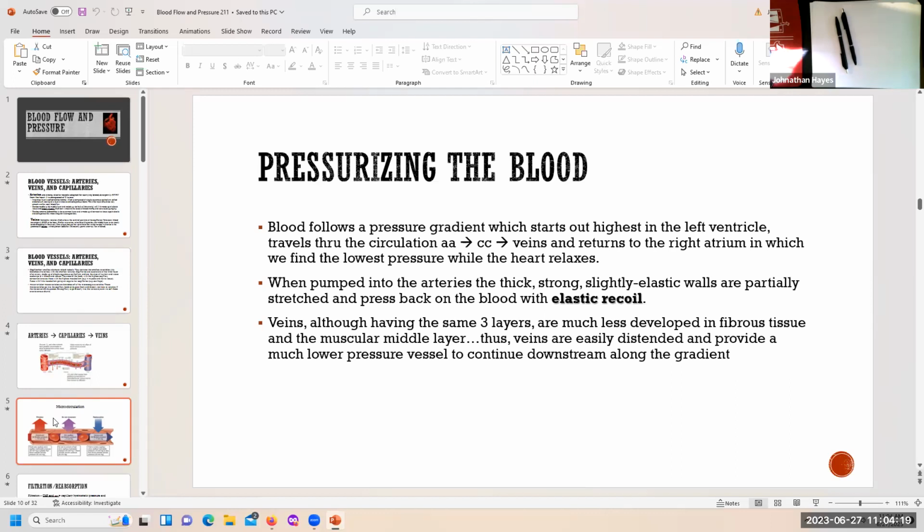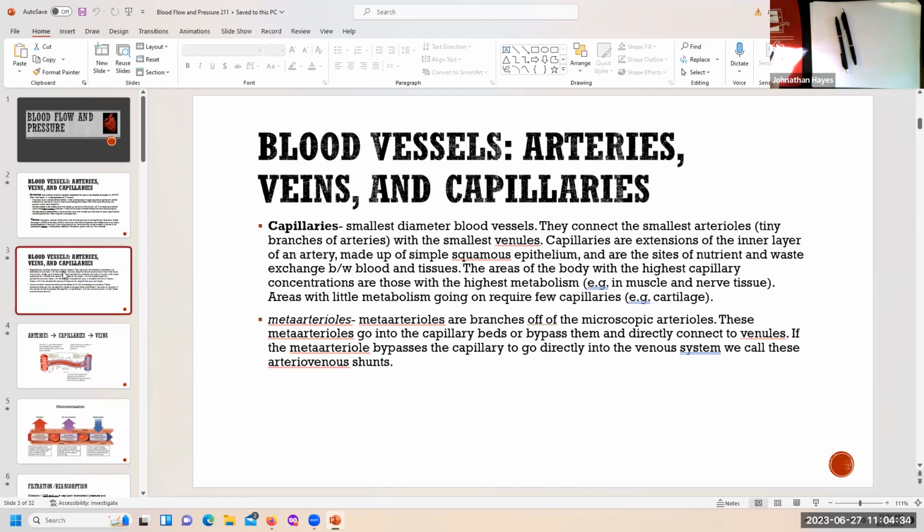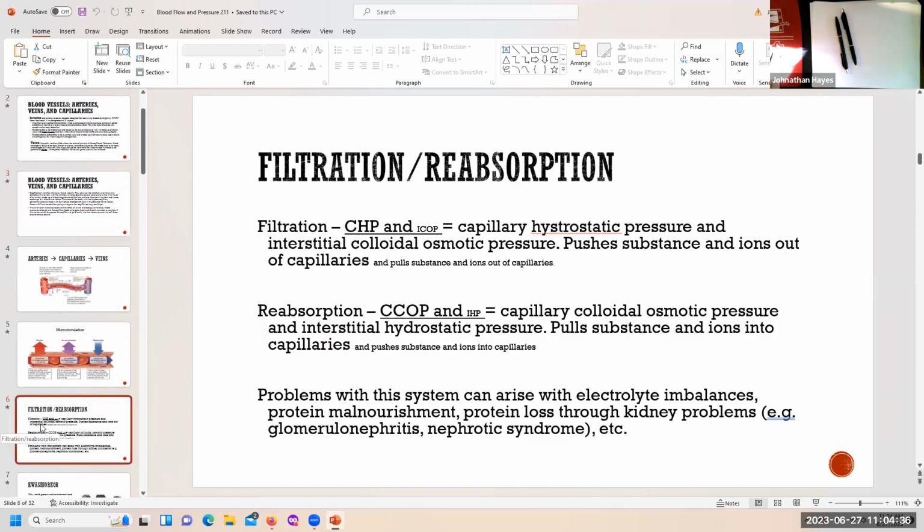Unfortunately, with neuro and cardiovascular, you really have to have good basics. You have to have a good foundation. So we have to do a lot more review, and we're just trying to get everybody on the same page with that stuff. But with blood vessels, this really isn't a ton of difficult stuff.